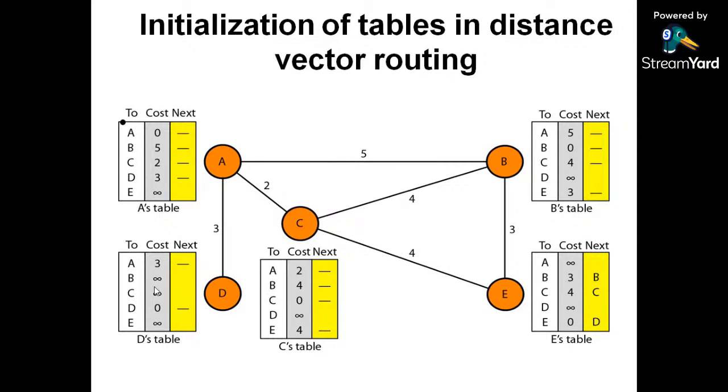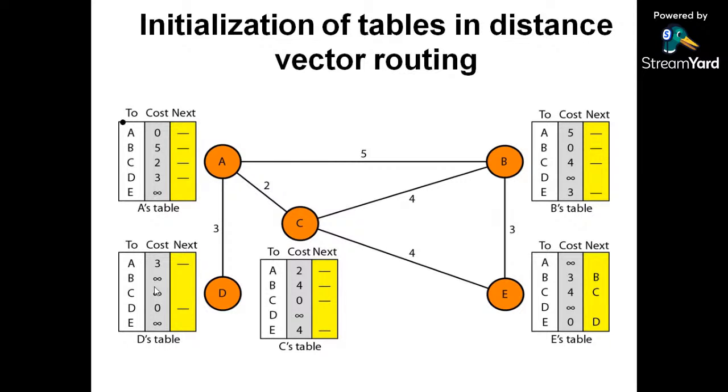Then from A to D, the cost is 3. And from A to E, there is an intermediate node, so the cost is infinity. So this is an example of initialization.